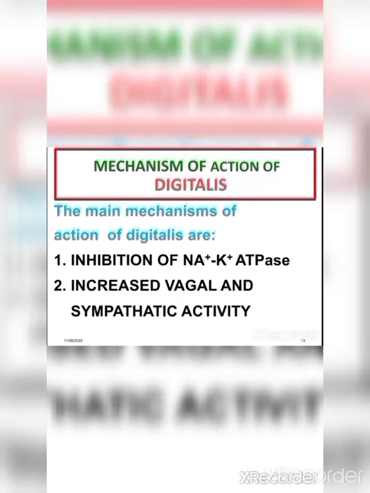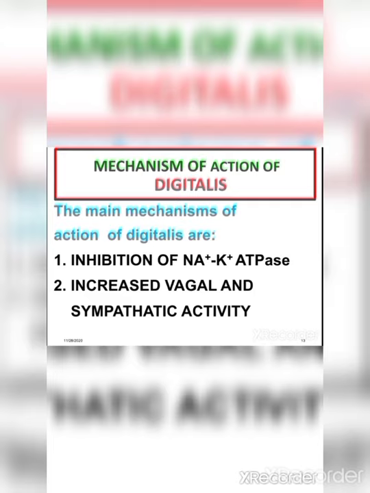Now let's talk briefly about both mechanisms of action of Digitalis. The main or principal mechanism of action of digoxin or the Digitalis group of drugs is to inhibit sodium potassium ATPase, whereas its indirect effect is to stimulate vagal and sympathetic activity.